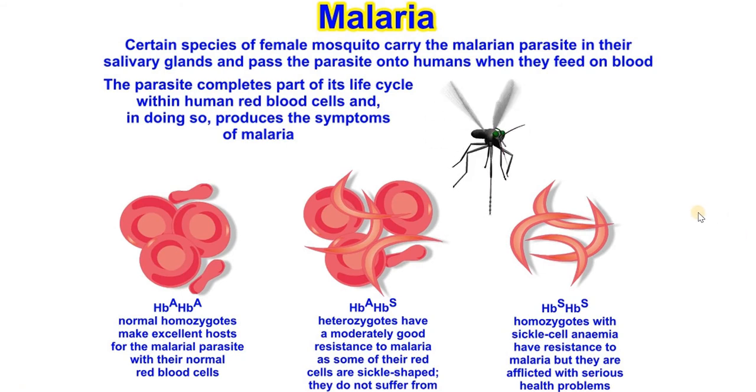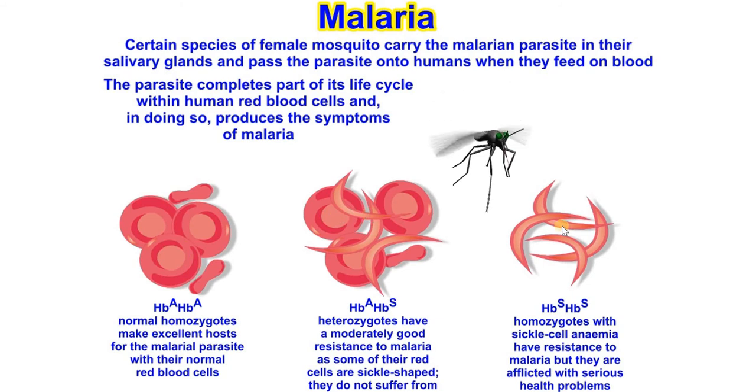The thing about malaria is that the malarial parasite will live quite happily in normal red blood cells, and it'll thrive in normal red blood cells. But anything that's got this altered hemoglobin, the malarial parasite cannot survive in this type of blood very well, and also it can't survive in full sickle cell.